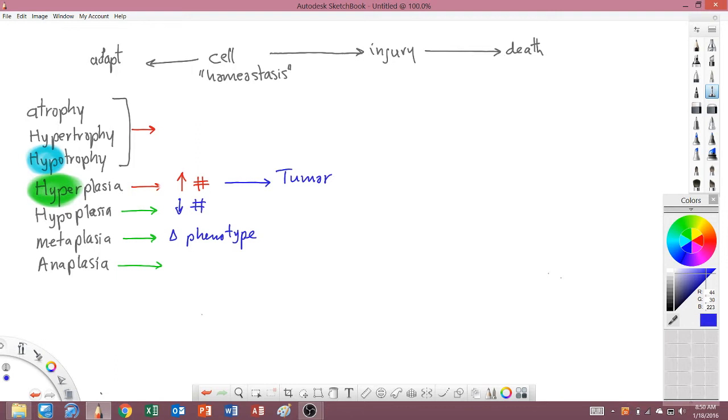Non-dividing cells only have the ability to become what? Hypertrophic or atrophic. Non-dividing cells cannot go through hyperplasia. How could you have extra number of cells if they can't even divide? That means mitosis and meiosis is required for what? For hyperplasia.